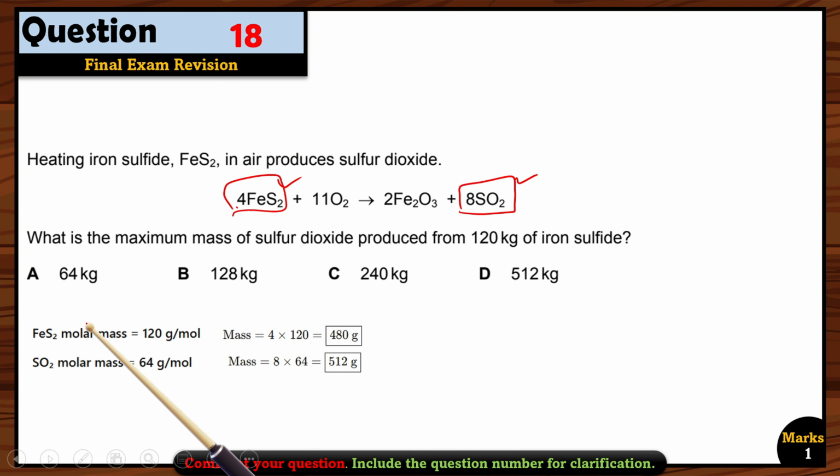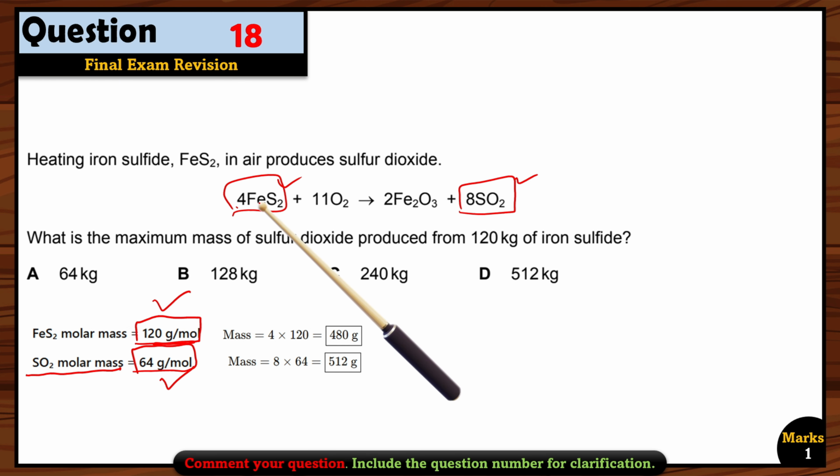If you find the molar mass of iron sulfide, it is 120 gram, and for sulfur dioxide, it is 64 gram. But now you cannot use them directly, because in the equation, 4 iron sulfide are making 8 SO2. So you have to multiply 4 with 120, that is your actual mass now.